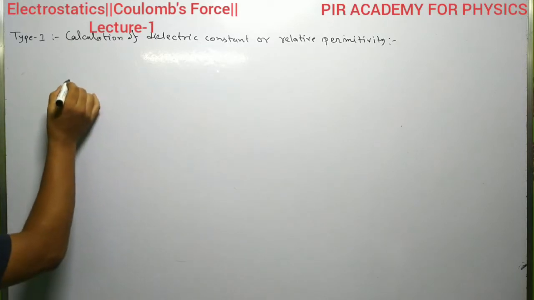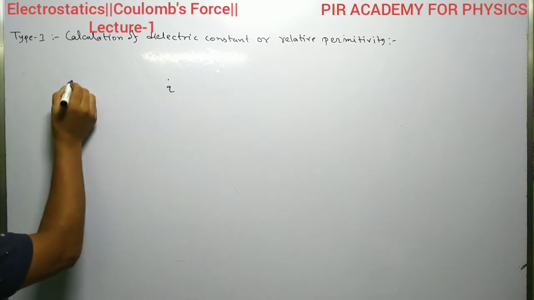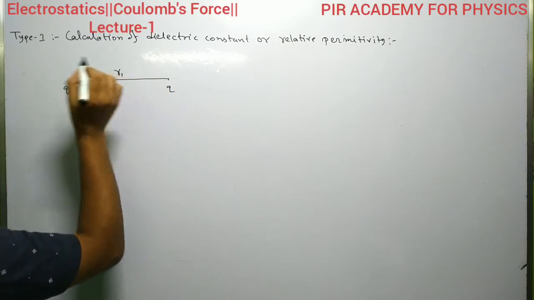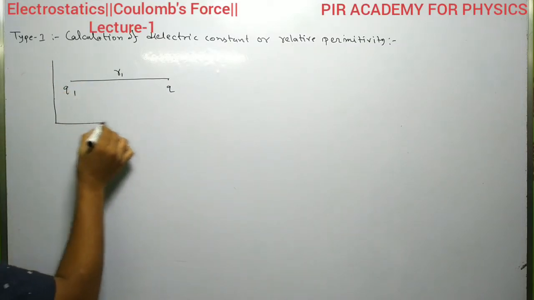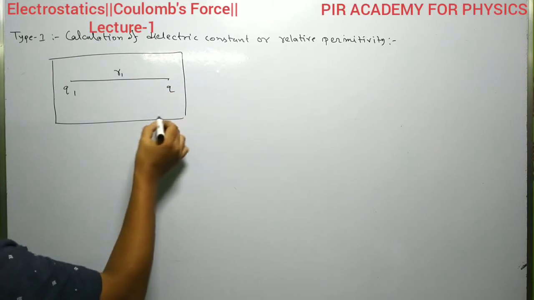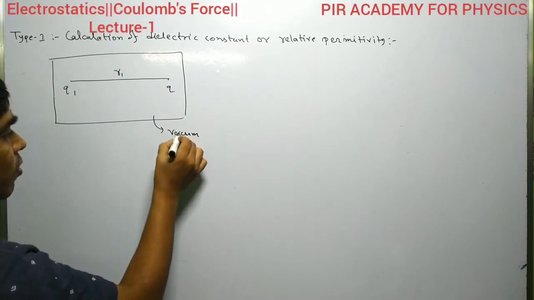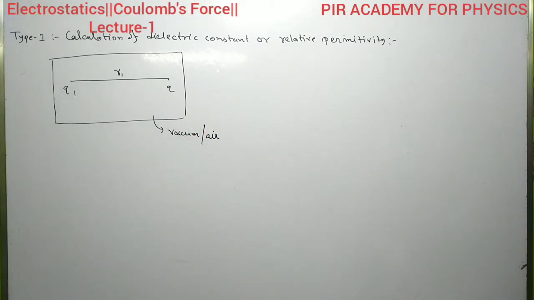Suppose these are two charges. These two charges are kept at distance r1 and this system is in vacuum or air. Air can be considered as a vacuum.